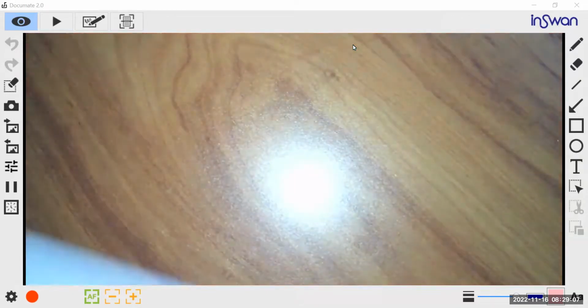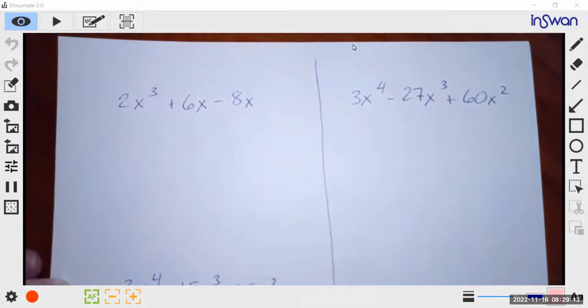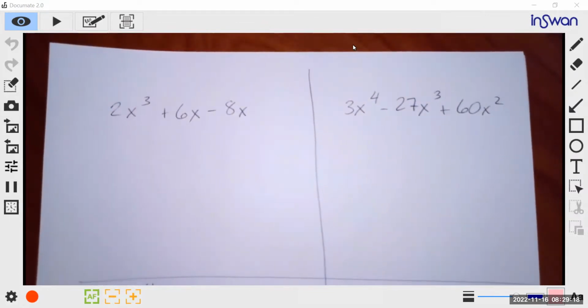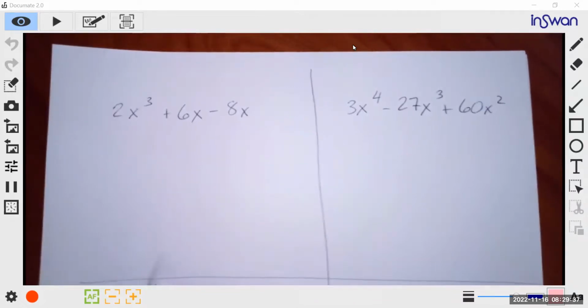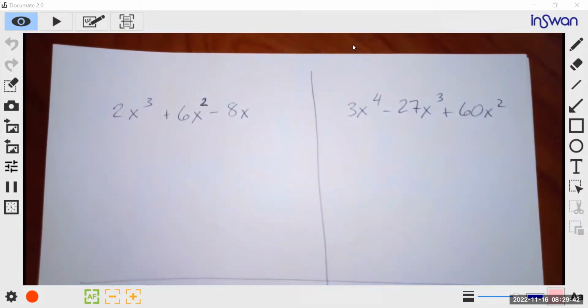Let's look at what happens here. Two x cubed, the middle one's squared. 2x cubed plus 6x squared minus 8x.